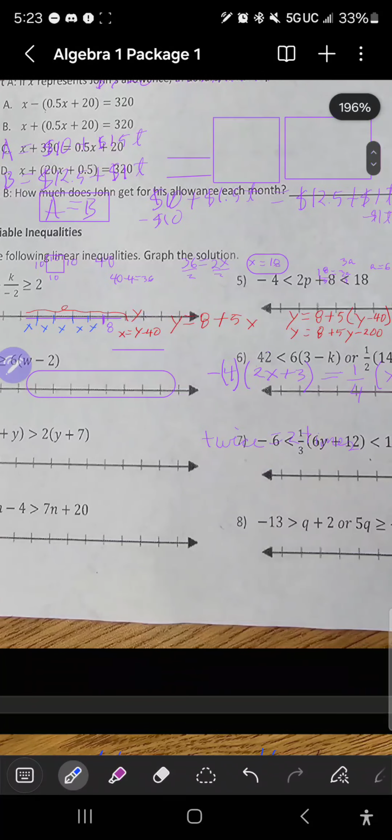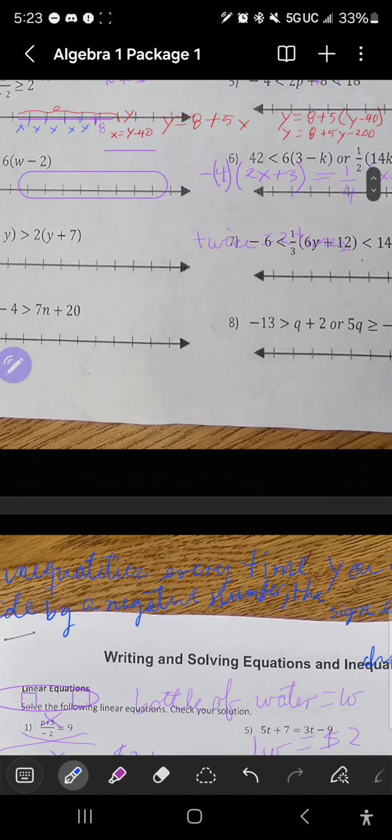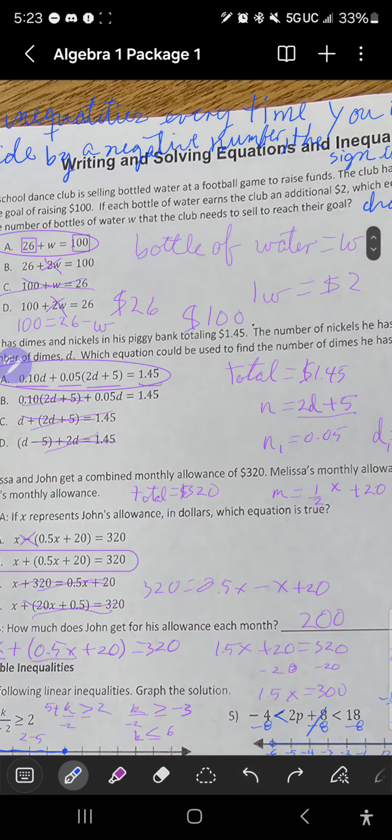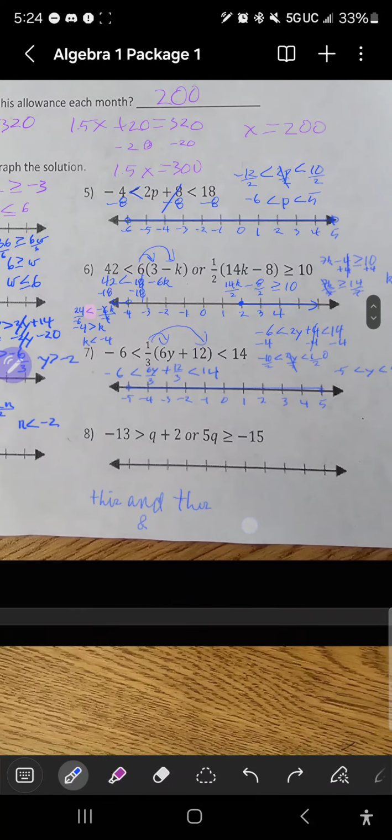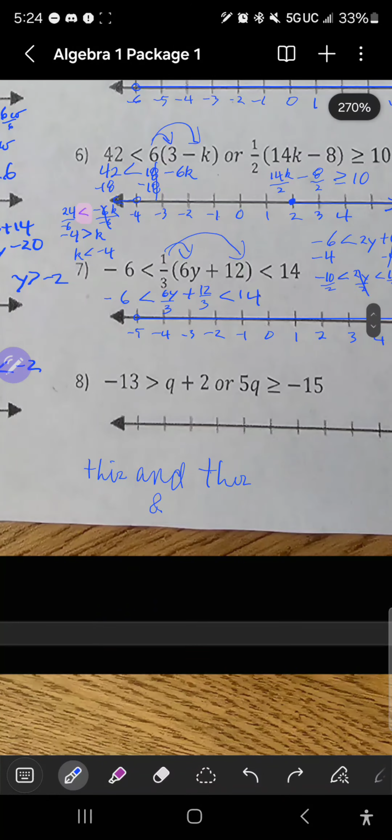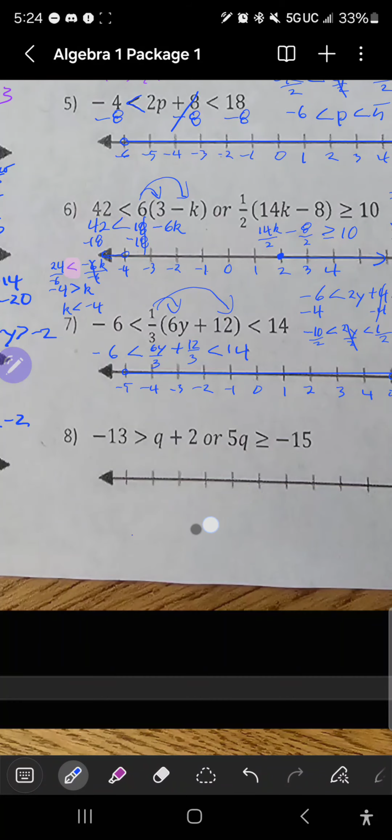Whoa, what happened here? Okay. So number 6 and number 8 are OR equations, inequalities.